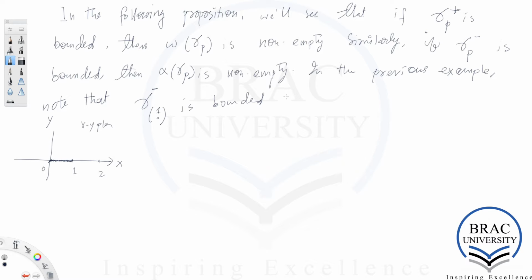And we have earlier seen that the alpha limit set of this orbit of 1, 0 is precisely the 0 vector, right?